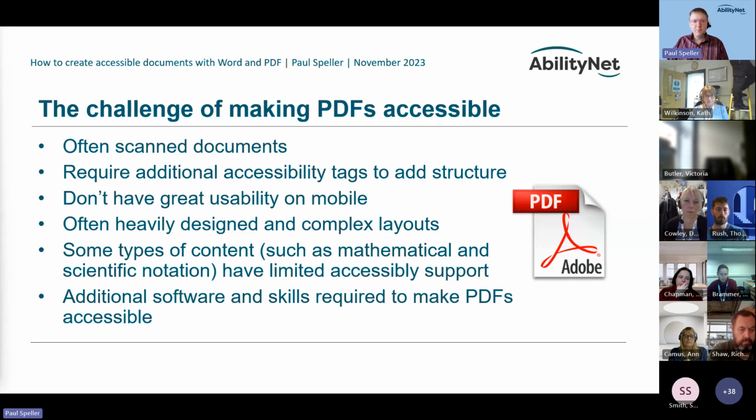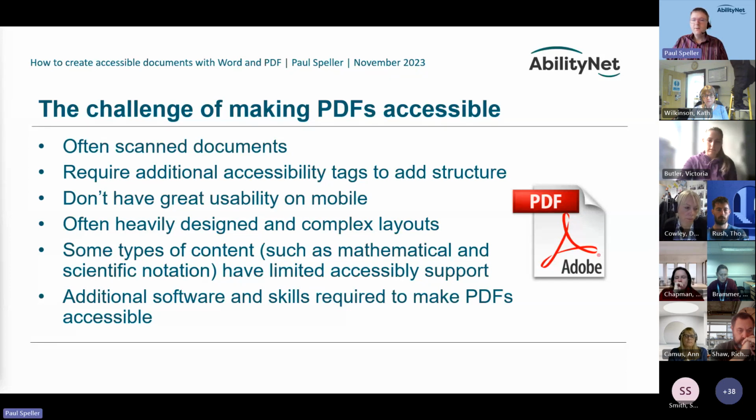Certain types of content, I'm guessing probably most people here don't need to publish much mathematical and scientific notation, but who knows? That kind of stuff isn't very well supported in PDFs at all. And making PDFs accessible does require paid software, which is Acrobat Pro, which I know not too many of you have.